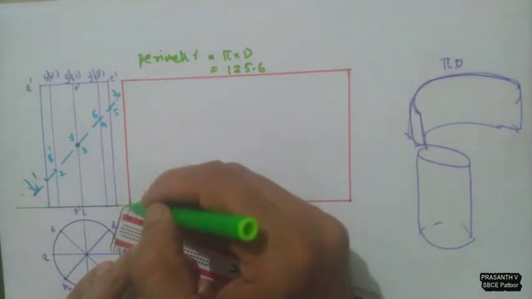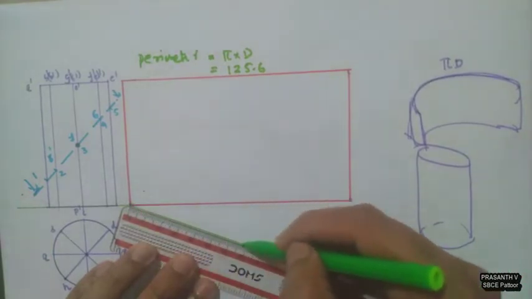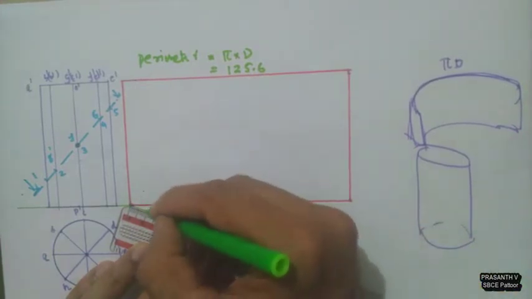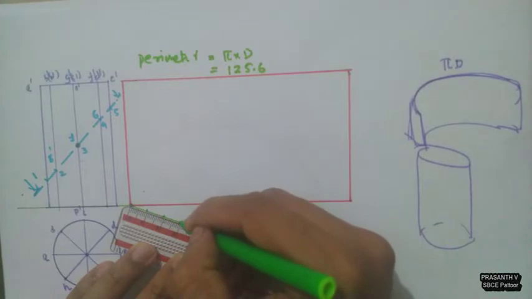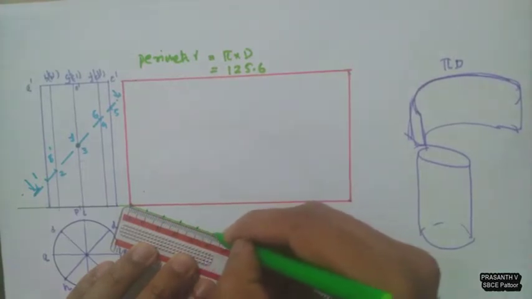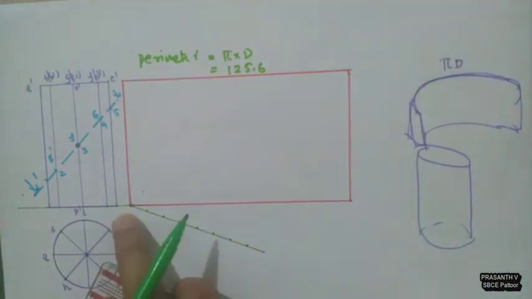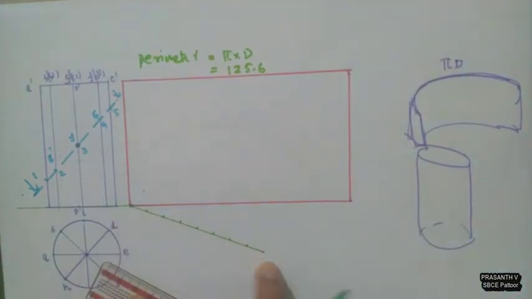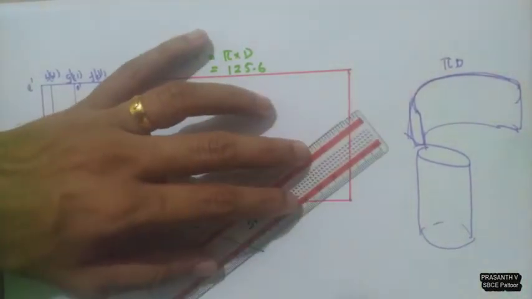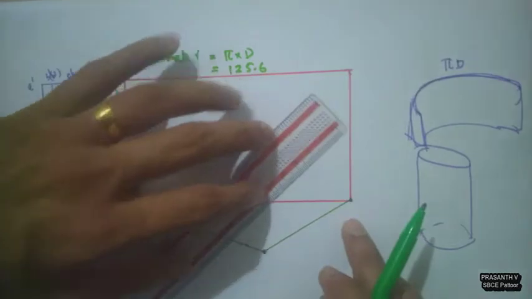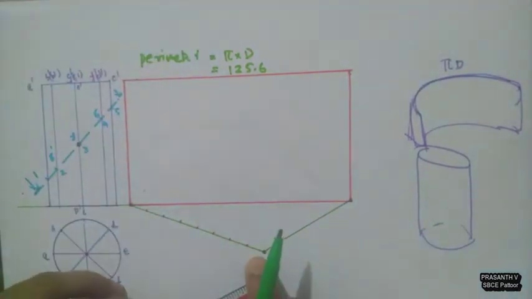Draw an 8 centimeter line at any angle less than 90 degrees and mark 1 centimeter each, so that you will have 8 equal parts on this line. Again I have to join the end points of this rectangle to this 8 centimeter line.